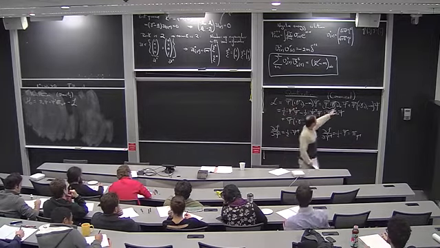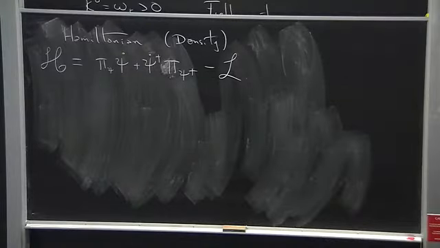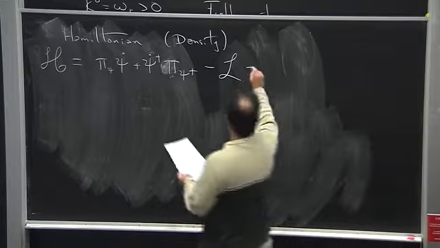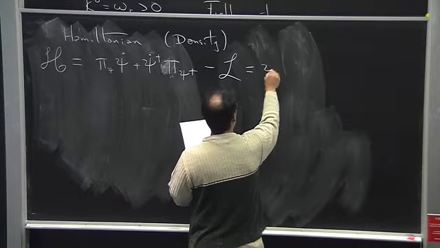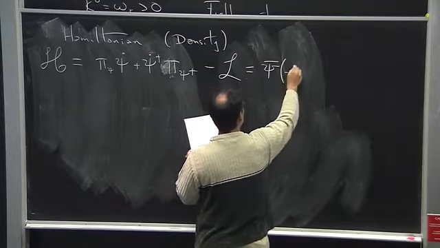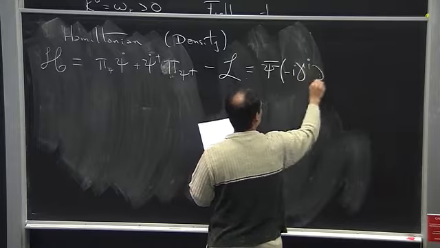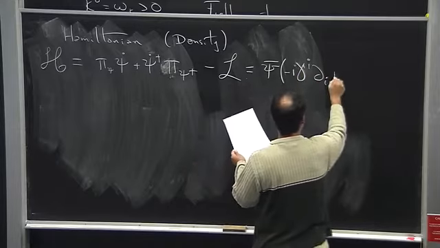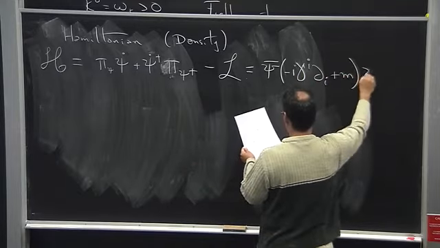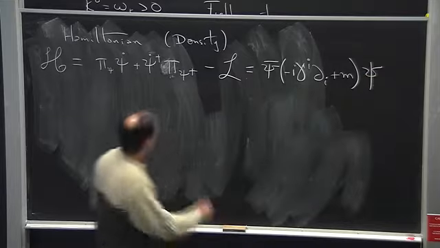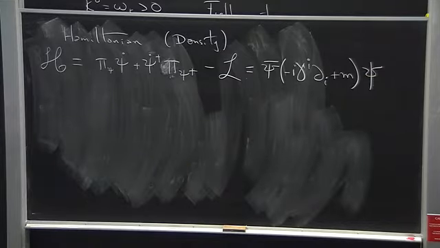If we have something that is linear in the time derivatives, we just get everything else from the Lagrangian except that part. So we get psi bar, just the space components. Okay, so that's our Hamiltonian density.